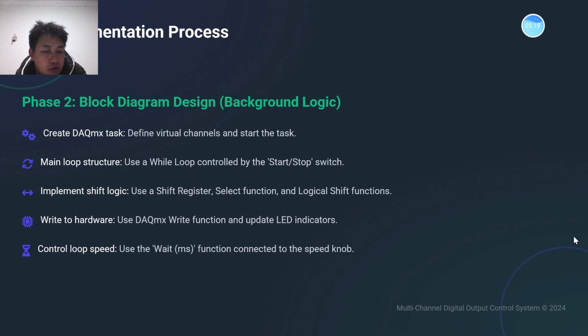Implement shift logic: use a shift register, select function and logic shift function. Write to hardware using the DAQmx write function and update LED indicators. Then control the speed using the wait function connected to the speed knob.